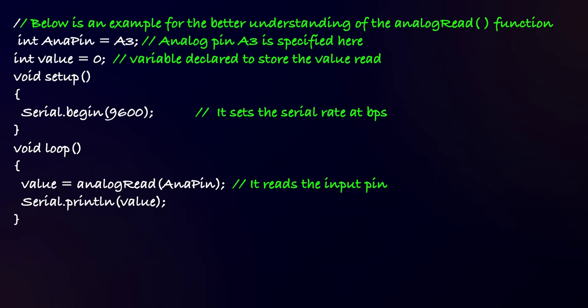In void setup, Serial.begin(9600) is given, and in void loop, value equals analogRead(anaPin), which reads the input pin, and Serial.println(value). The value that is read by the analog pin, by the function analogRead, will be printed as the output.